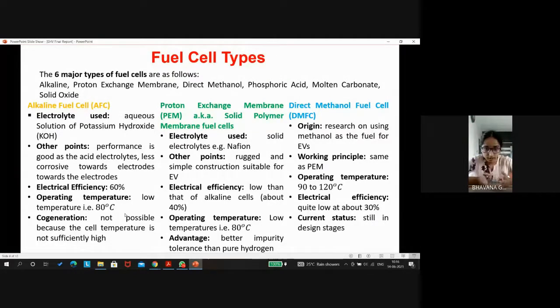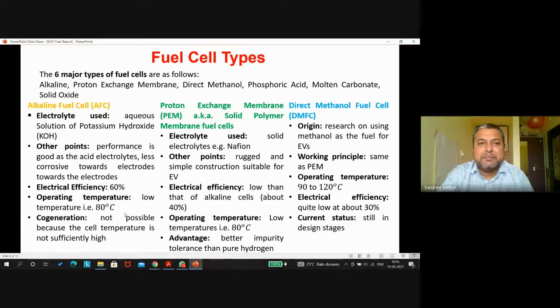So I would like to tell you, by luck or whatever, this PEM fuel cell was my PhD topic. The main drawback is it is providing whatever efficiency is required, so that much is there. But the thing is very costly. The proton exchange membrane itself is very costly. At that time we had purchased 1 square meter of proton exchange membrane from DuPont.